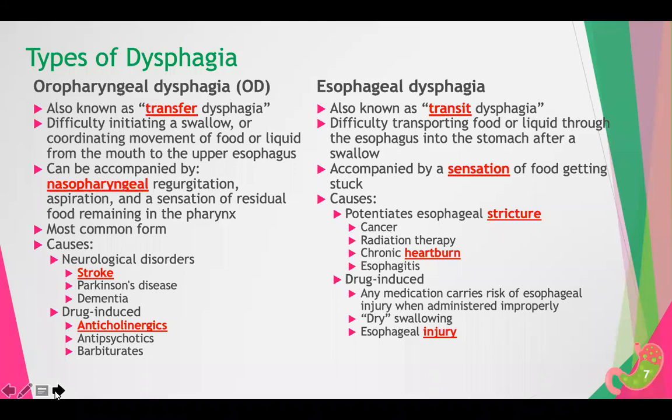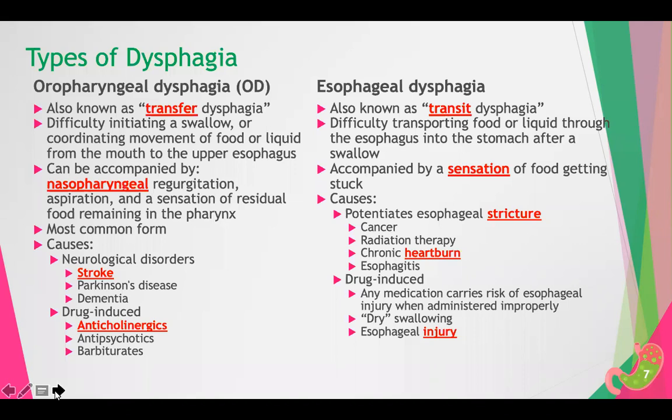Administering improperly includes dry swallowing, meaning individuals take medications without water or with minimal water. Then there are medications that can cause esophageal injury, like bisphosphonates. After patients take a bisphosphonate, they have to remain upright for either 30 or 60 minutes, and the main reason is that it can damage the esophagus.